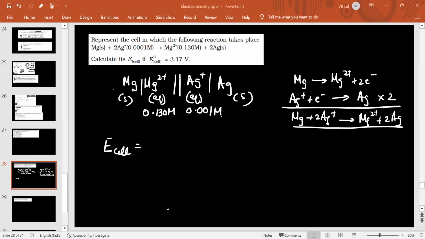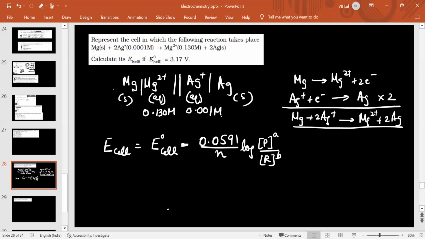Yeah, please tell me the Nernst equation. E cell is equal to E0 cell minus 0.0591 by n log of product raised to a divided by reactant raised to b. Now fill in the values.